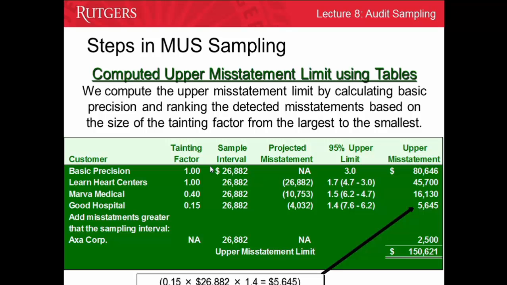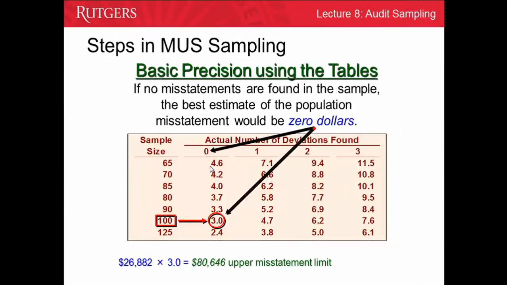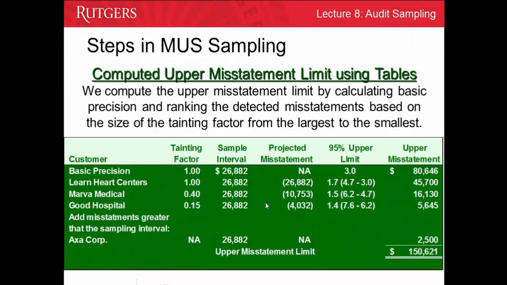Projected and upper misstatement limits are computed using the tainting factor and upper limit factor from the table, like this statistical table. Okay. Then finally, the misstatements detected in logical units greater than the sampling interval are added.